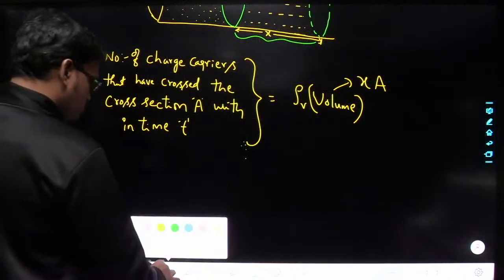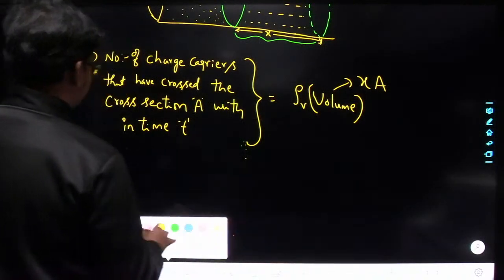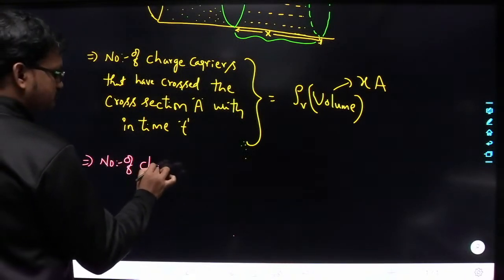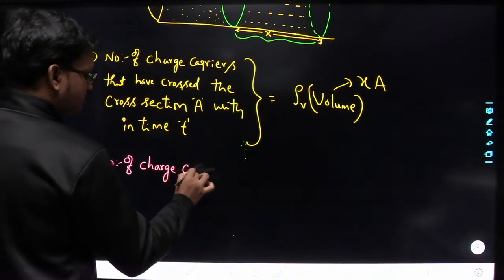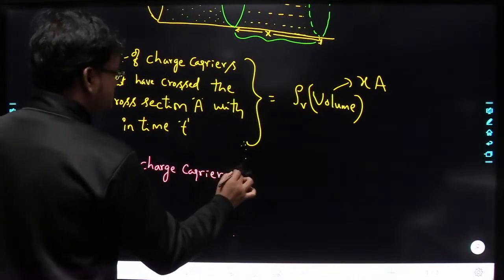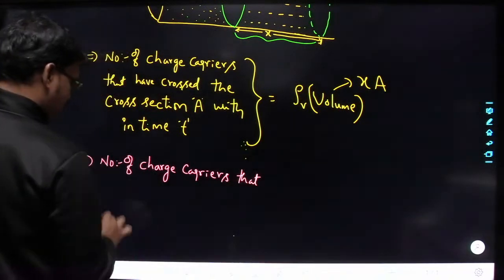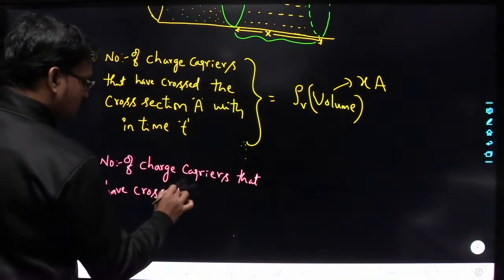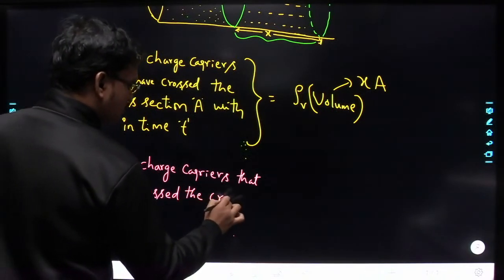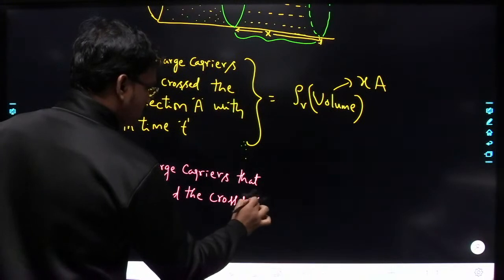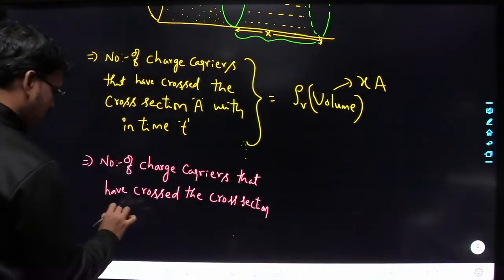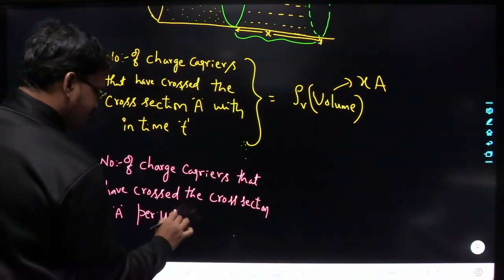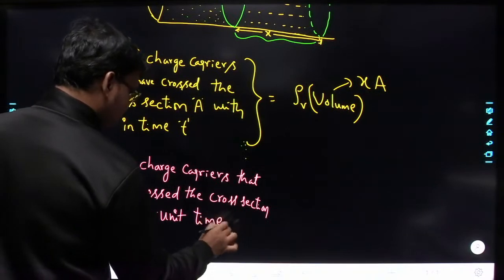Now see here, the number of charge carriers that have crossed the cross section A per unit time.